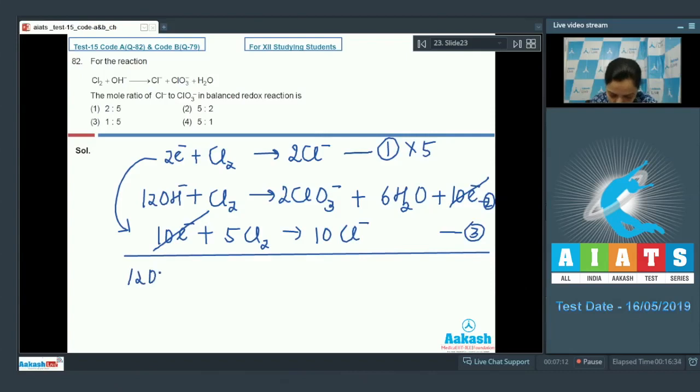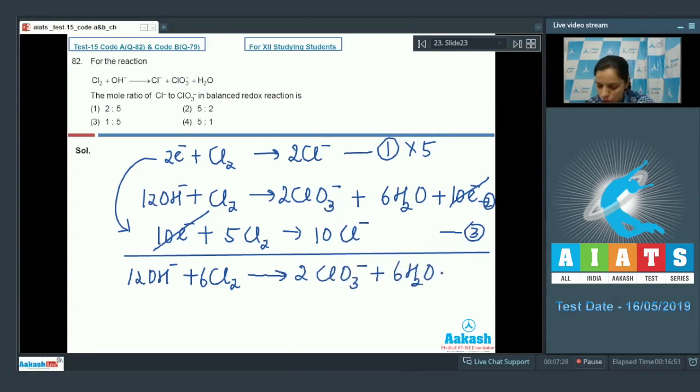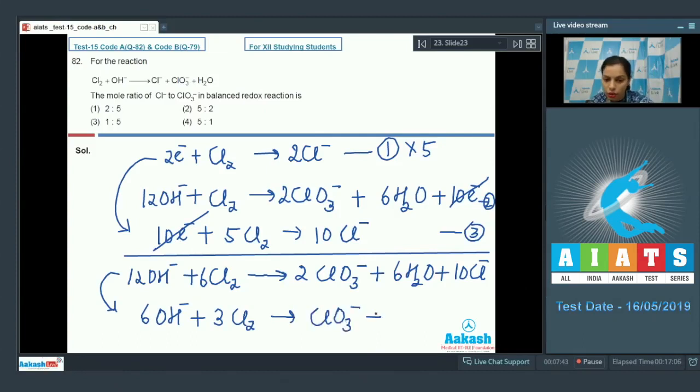Now 12 OH negative plus 6 Cl2 giving you 2 ClO3 negative plus 6H2O plus 10 Cl negative, and this can also be rewritten as 6 OH negative plus 3 Cl2 giving you ClO3 negative plus 3H2O plus 5 Cl negative.